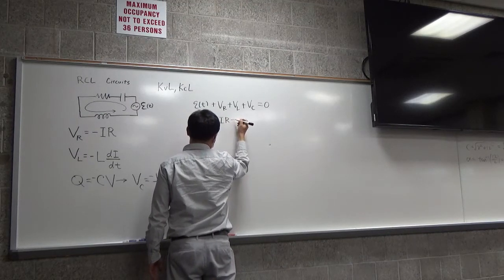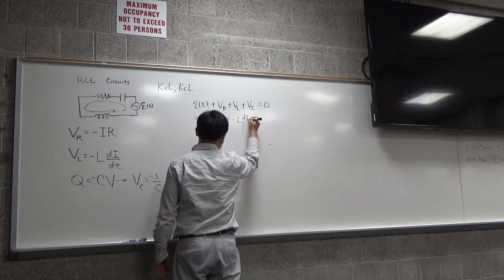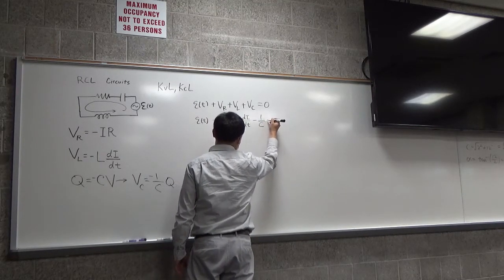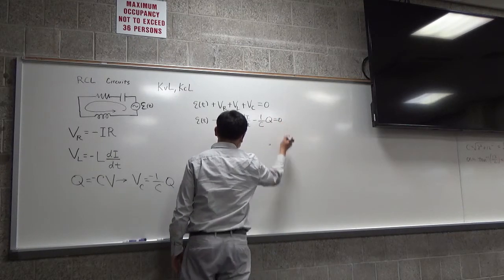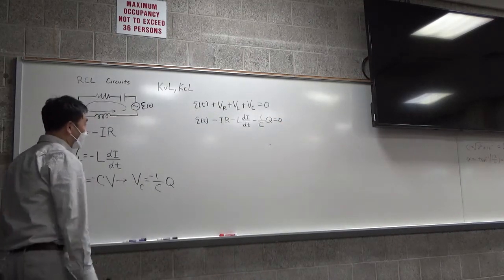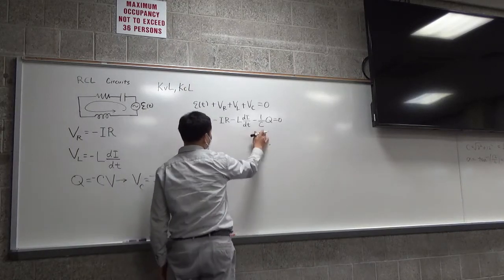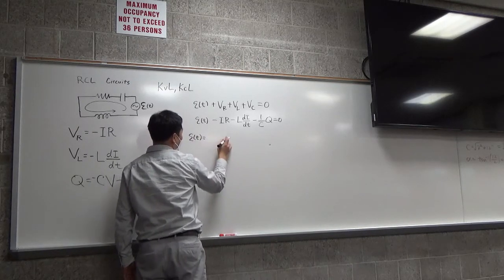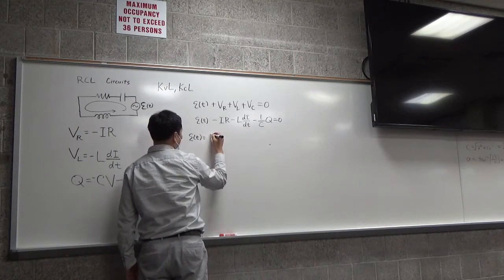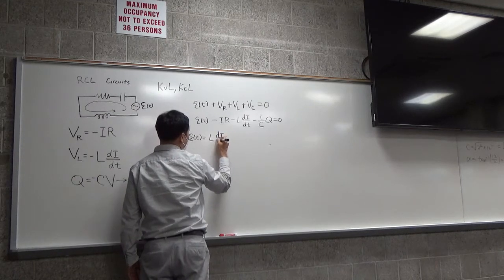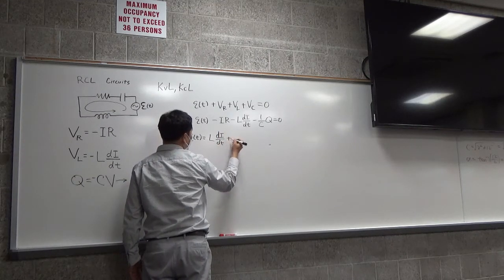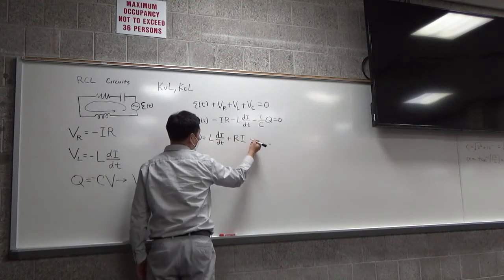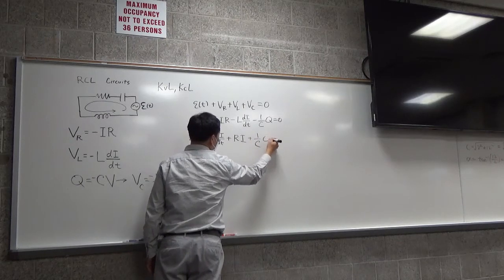IR, minus L times dI/dt, then minus 1 over C Q equals 0. And then we can move all the negatives to the other side to make it all positive. So this is what we get. I'm going to write this first. Okay, so I have L dI/dt plus R times I. I'm going to write IR as R times I. And plus 1 over C Q.